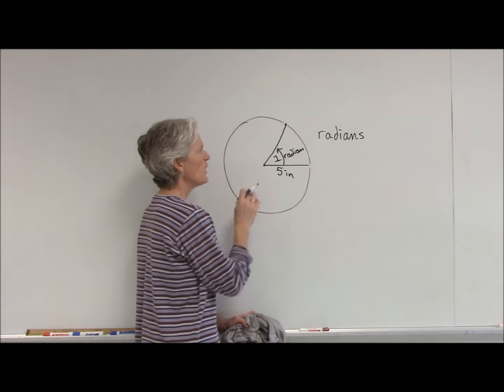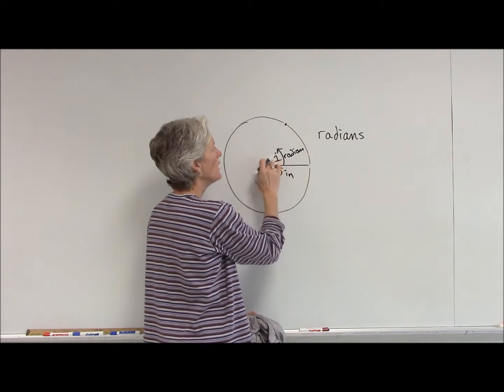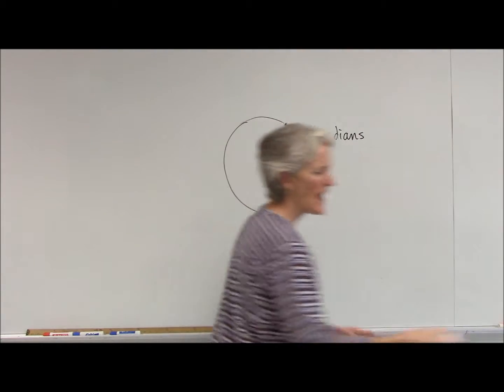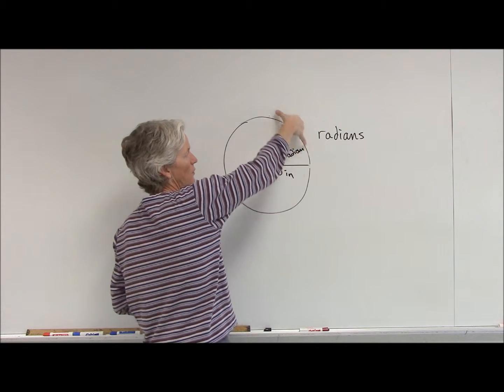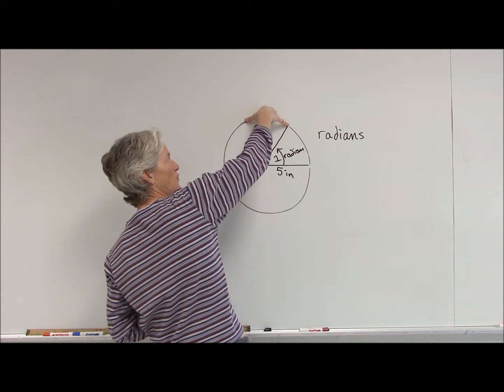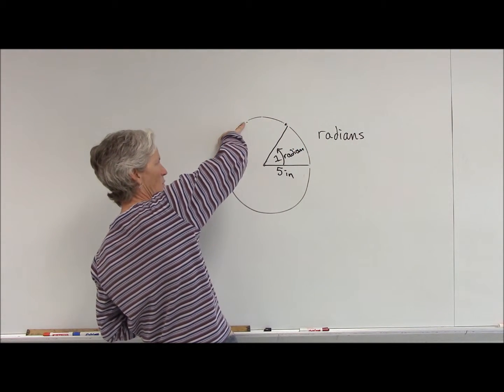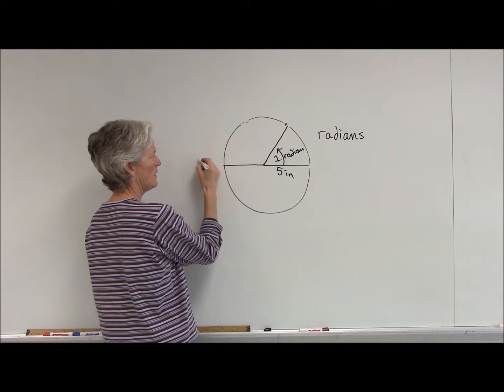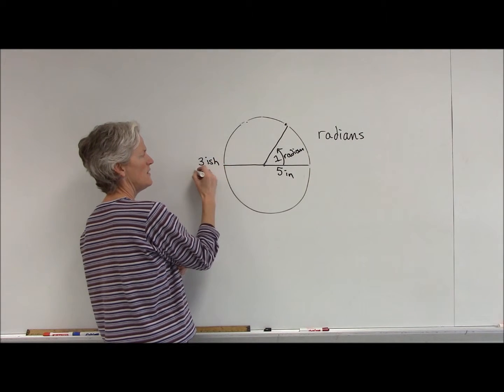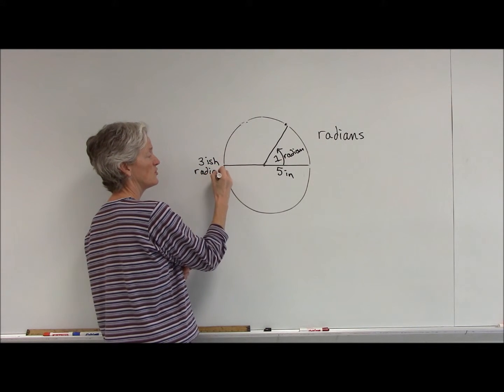So if I took that 1 radian, about how many of those do you think would fit in one circle? So there's 1 radian, 2 radians. Well, 3 would maybe, I need a little bit more than 3 to get halfway around the circle. All right, that looks like about 3-ish radians.